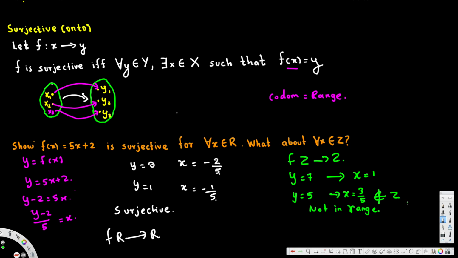If this is not in range, it means this is not surjective, because we have to have an x that satisfies this y. Since this is integer to integer, we cannot take this one. Now let's see what happens if it's real to integer. F real arrow toward integers. So here the first one is for any real, and the arrow integer is for y only has to be integer.